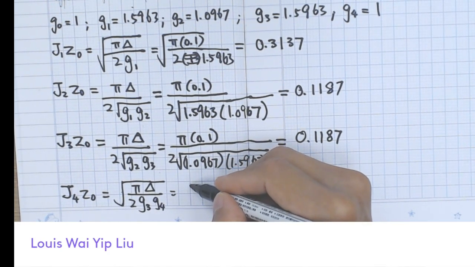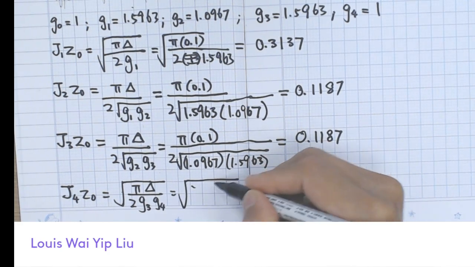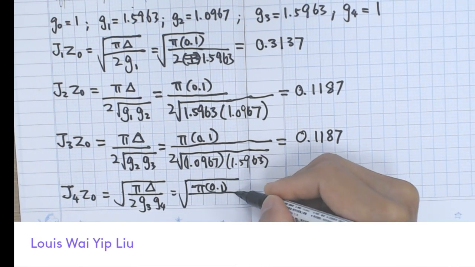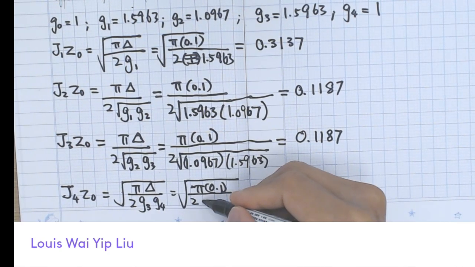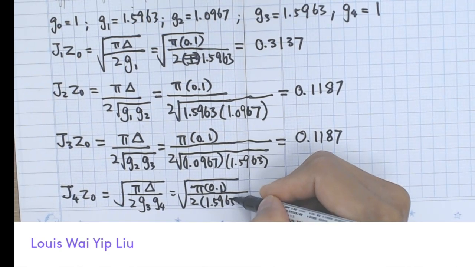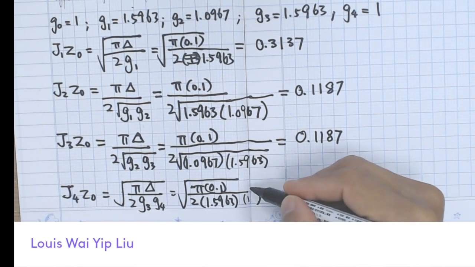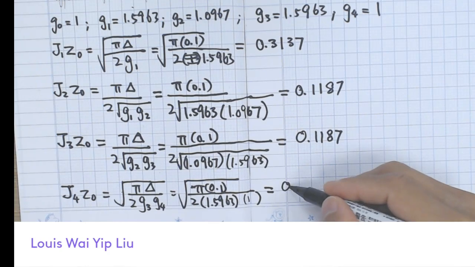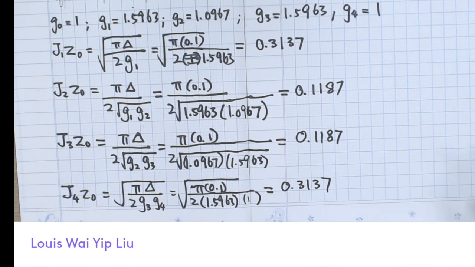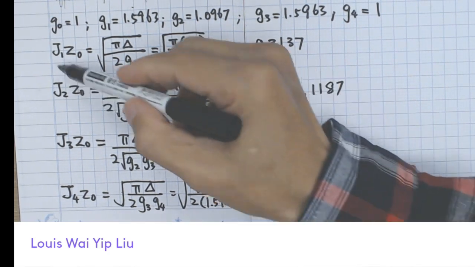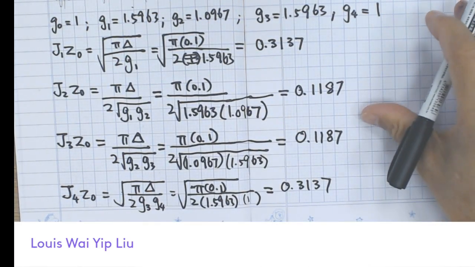So again, we should do this. And then 1 point, and then this one, and then you should end up with the figure like this. So these are the JZ value for each stage.